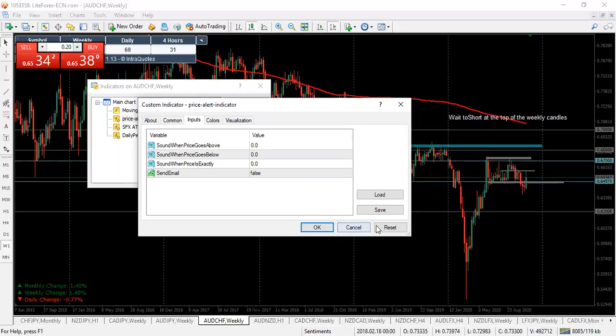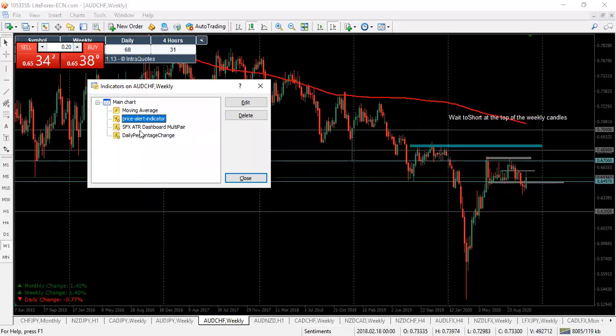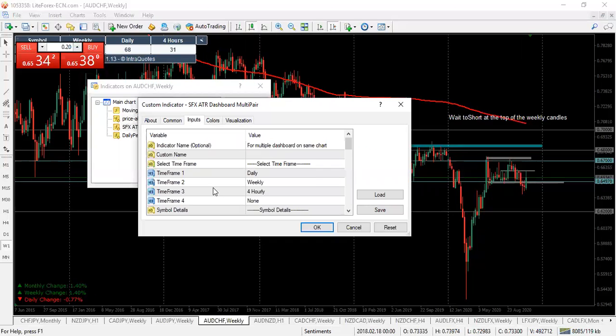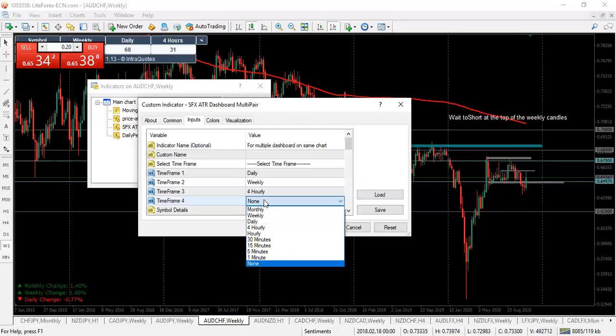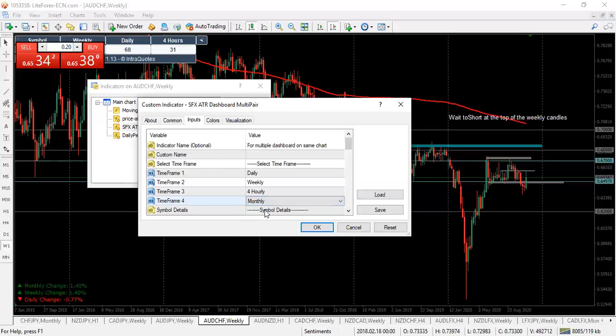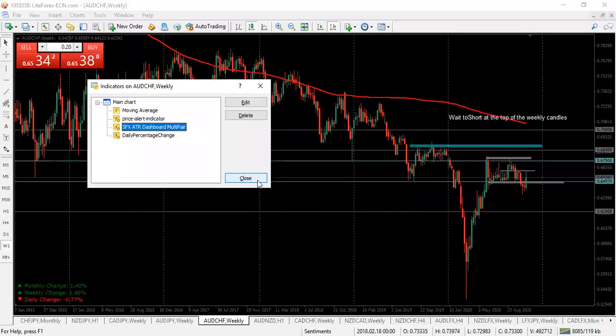And you also have the FX ATR dashboard, and I customize it differently. When you download this and put it on your MT4, you have the opportunity to set the best time frame you want. You can have the daily, the weekly, the H4, and the last one here is my monthly. Beautiful, you can see that I just added that.